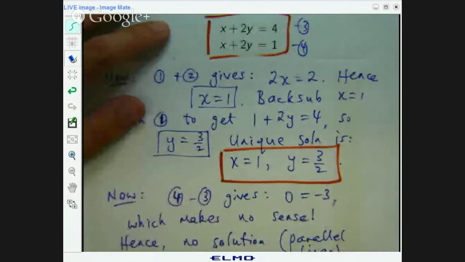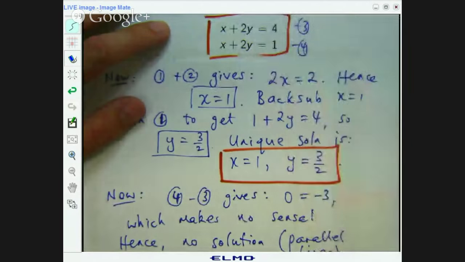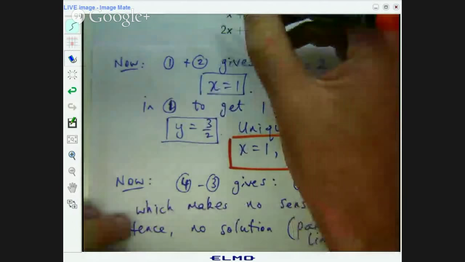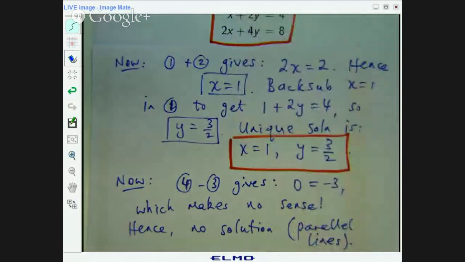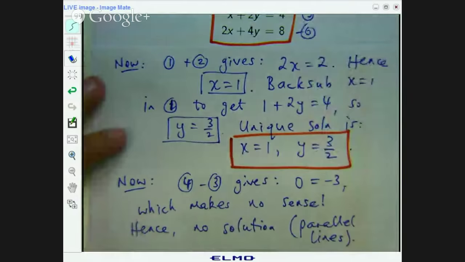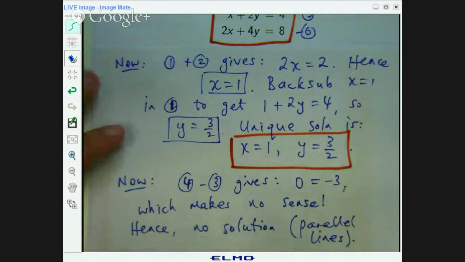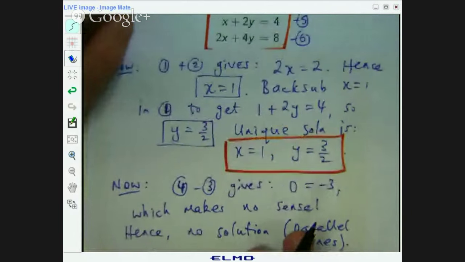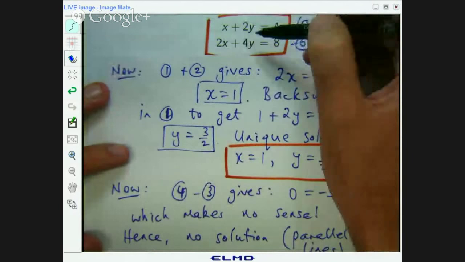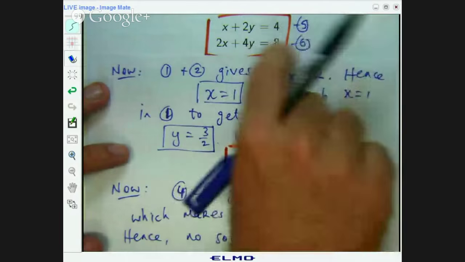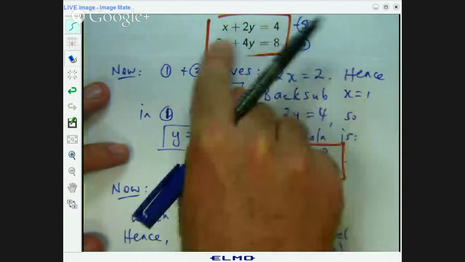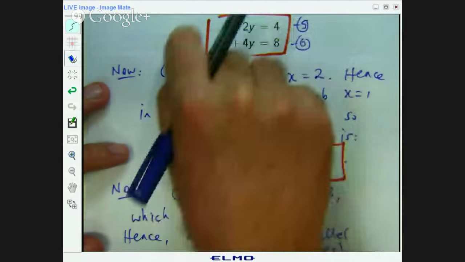All right. And for the last one, let's have a look at that system. We can label it 5 and 6. You can see that if I divide equation 6 by 2, or multiply it by a half, I'll get the same equation as equation 5.